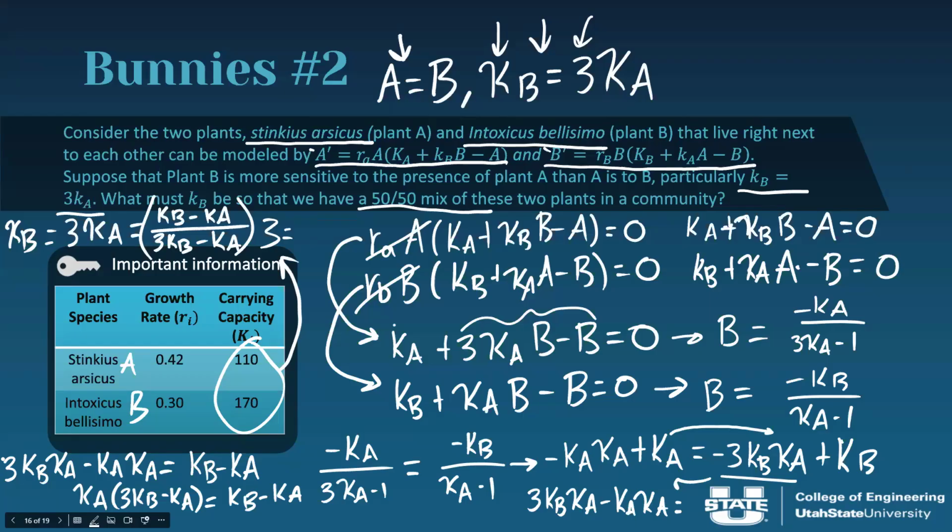Yes, K and kappa are different. That is, I think, the hardest part of this problem, differentiating between your kappa and your K. So you have (Kb minus Ka) over (3 Kb minus Ka), where this is Ka and this is Kb down here. I think kappa B is 0.45.